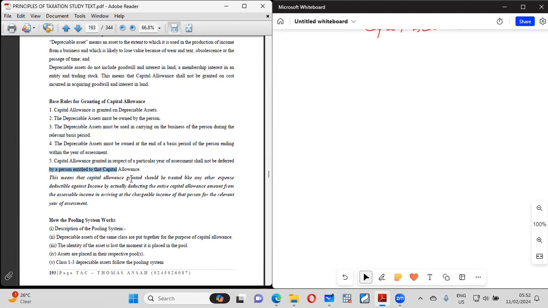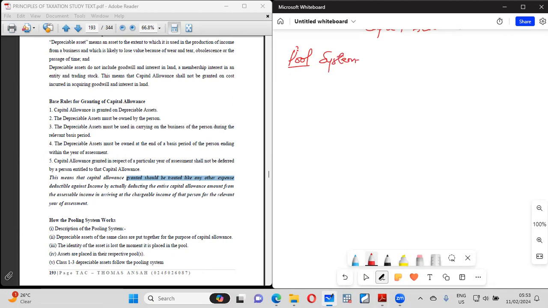So this means that capital allowance is granted and should be treated like any other expense that is deductible against your income. Basically, that is where the concept is coming from. It is given in place of your financial reporting depreciation. Now, in capital allowance, we use the pool system. What is the pool system?